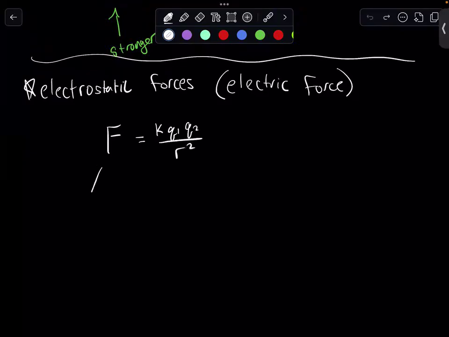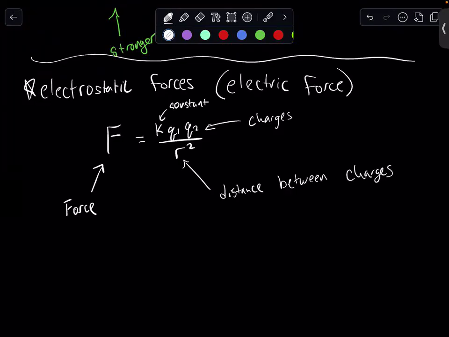F is going to be the force. K is just some constant, so we don't need to worry about it. Q1 and Q2 are charges, and they can be positive or negative. And R is the distance between charges.